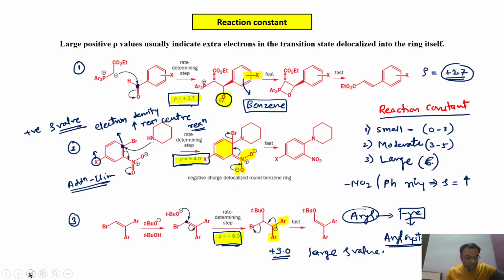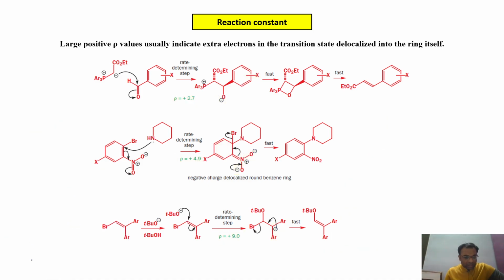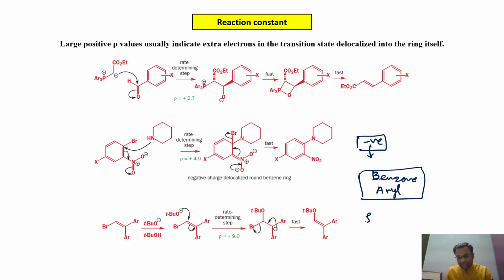In conclusion, we can say that in any reaction where there is a formation of negative charge, and if that negative charge is delocalized over a benzene ring or an aryl ring, then such a reaction will have a large positive rho value.